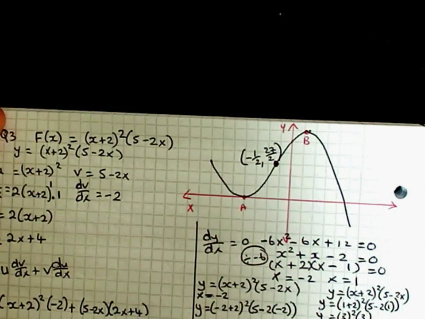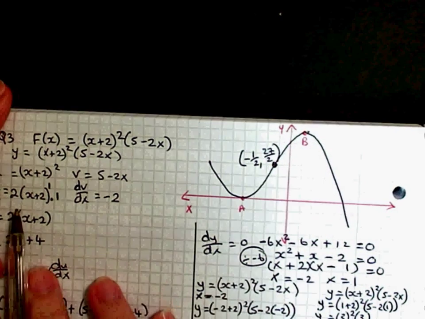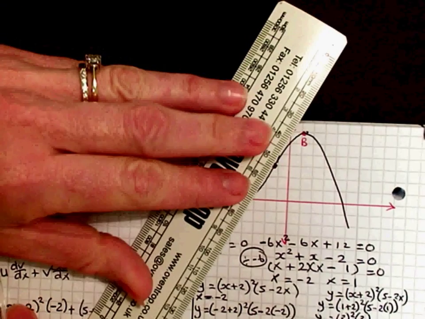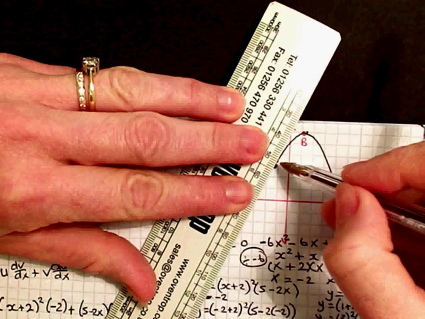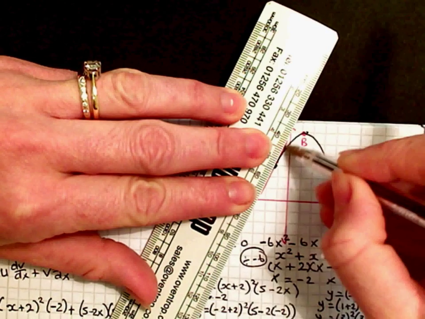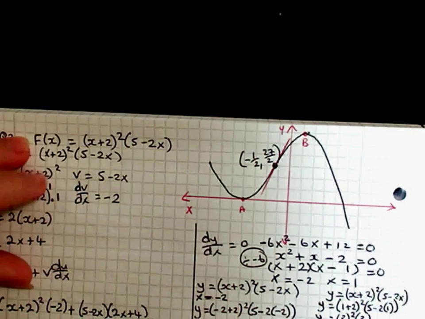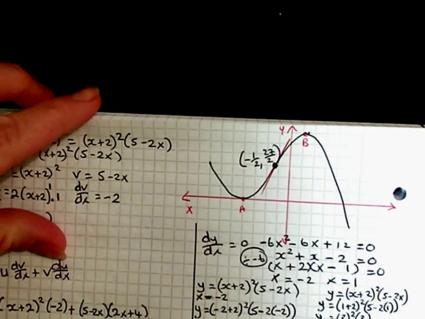Now part C of this is asking us to find the equation of the tangent at the point of inflection. So it's asking us to find the equation of the tangent. So the tangent, the line that just hits the curve at one point. So that's what we're being asked to find now, the equation of the tangent at that point.